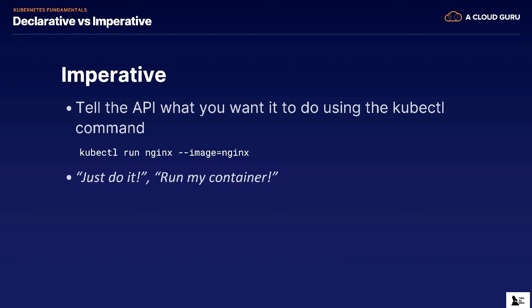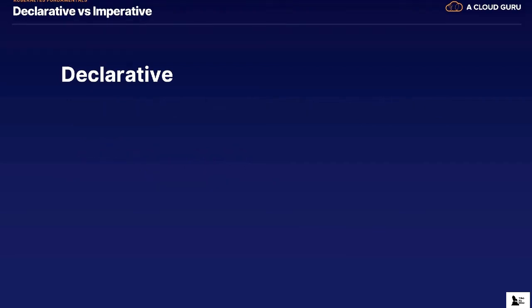By comparison, we also have the declarative model or declarative method here. And this can also be called desired state configuration or DSC. And I know that's a term, if you're from the Windows world, that may be familiar to you because it's typically used with PowerShell scripting.